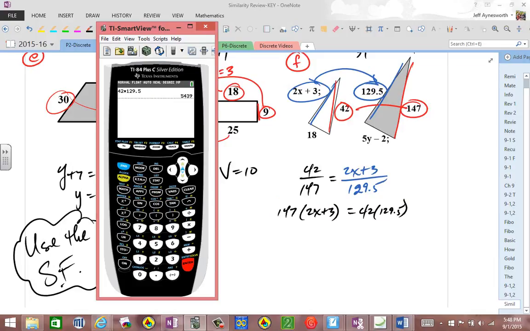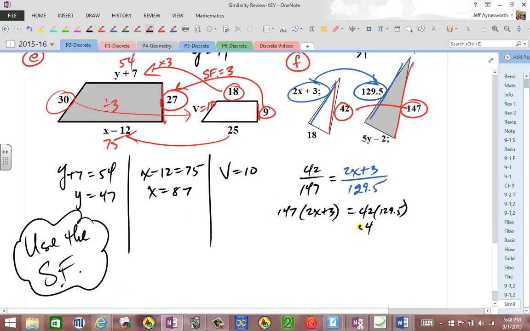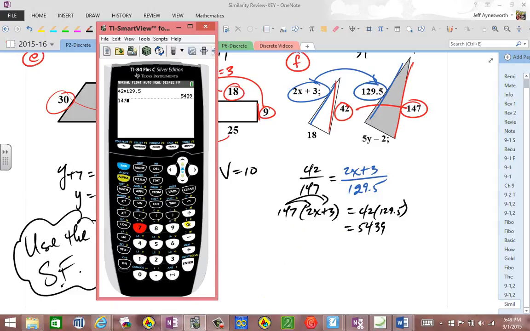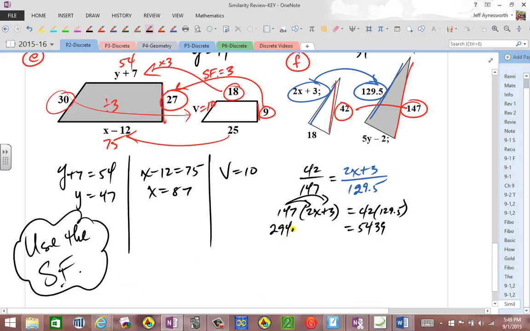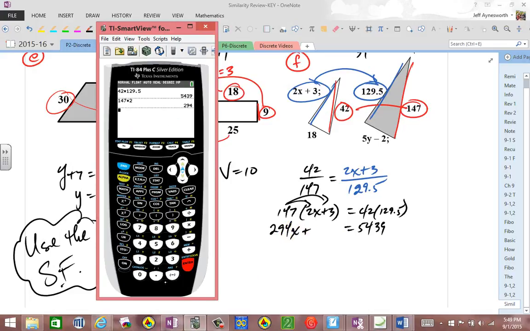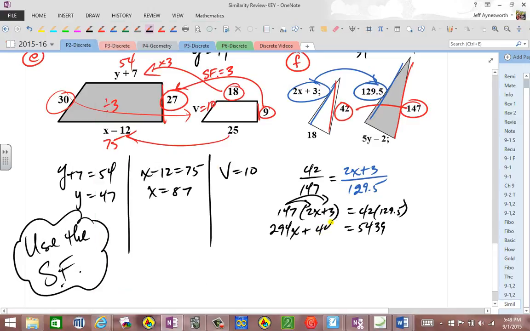So 5,439, multiplied twice here, so you get 147 times 2. Well, that's 294, so 294x plus 147 times 3. All right, you get 441. Subtract 441. So you get 294 times x is equal to this.